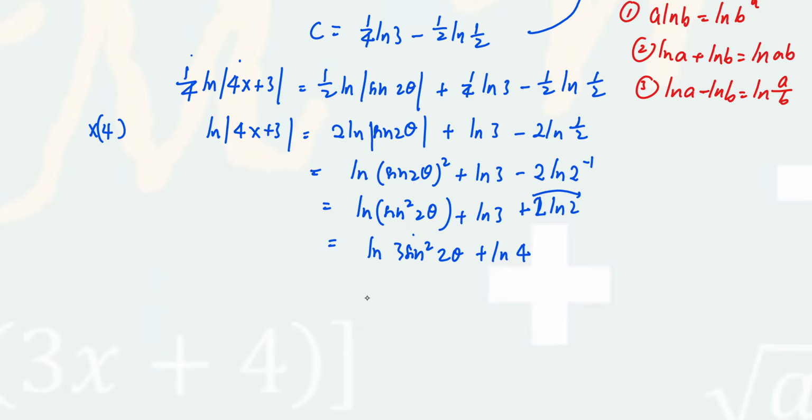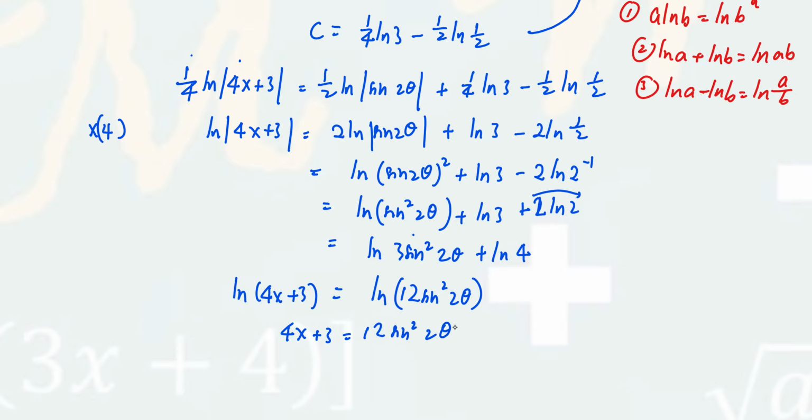So basically this becomes ln of 3 sine squared 2 theta times 4, that is 12. Okay, since you have found 1 ln on both sides, I will just cancel off the ln from both sides. So 4x plus 3 equals 12 sine squared 2 theta.